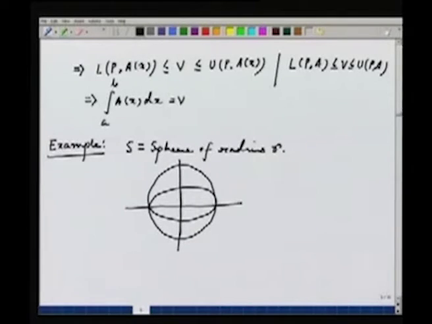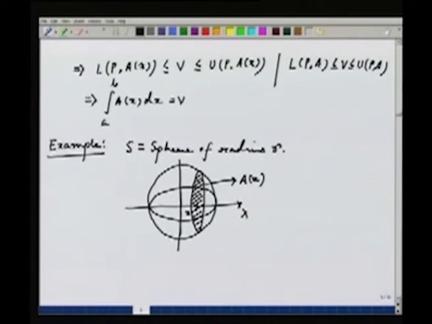This is the x-axis. I come to distance x, I pass a plane through this which is perpendicular to the x-axis, that would produce a disk here. I need to know the area of this disk. So this is my A(x) in this case.